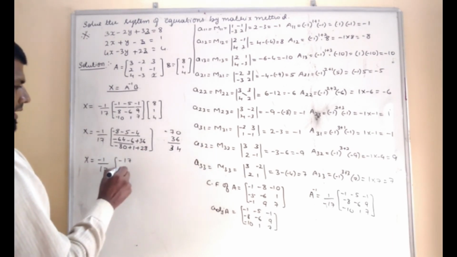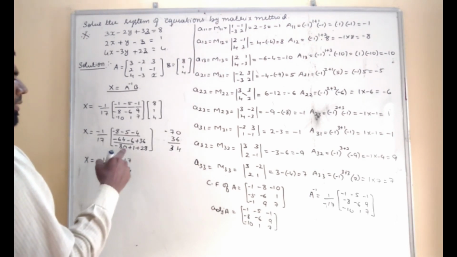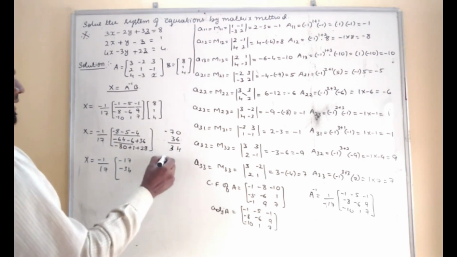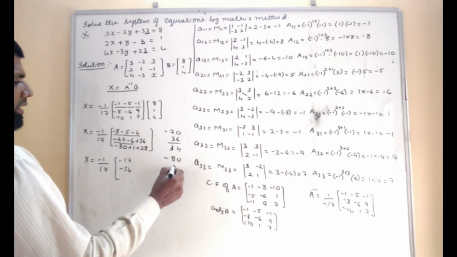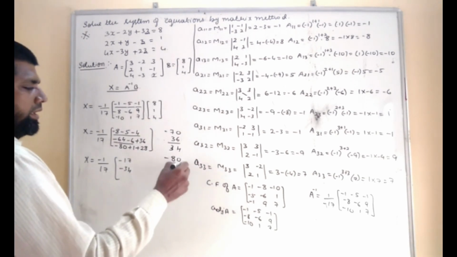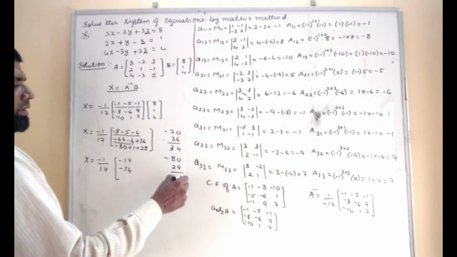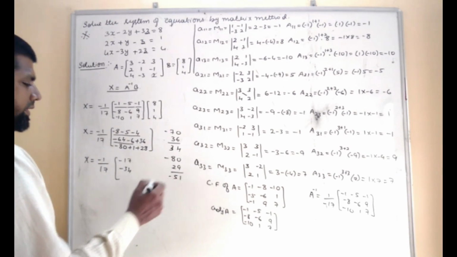So minus 34. Again here minus 80 minus 20, sorry, plus 29. Subtract here, you are getting minus 51.